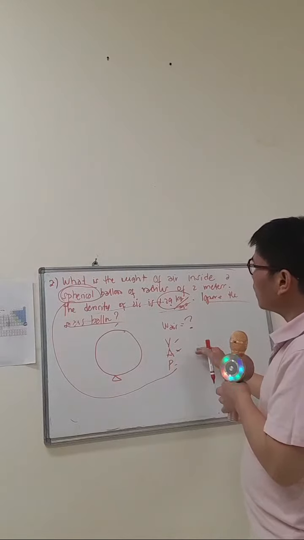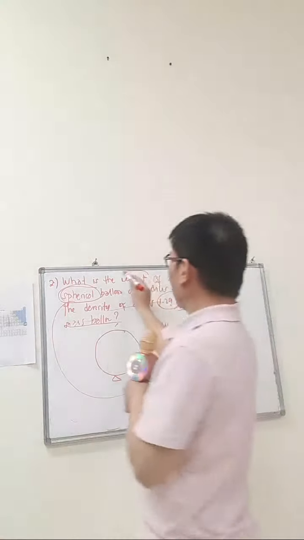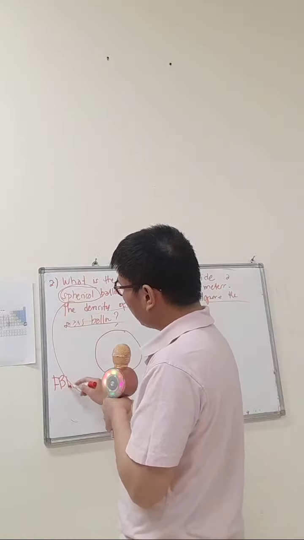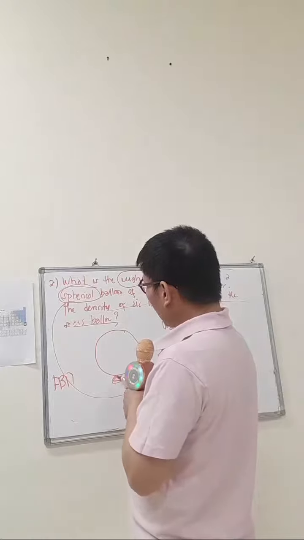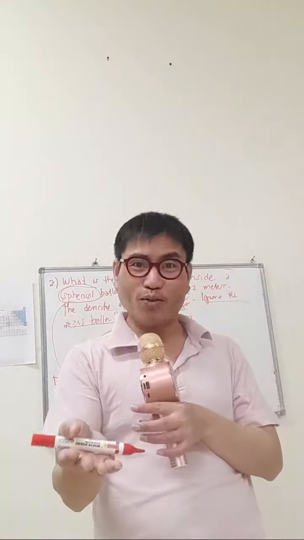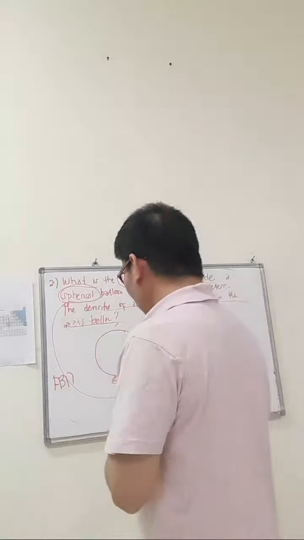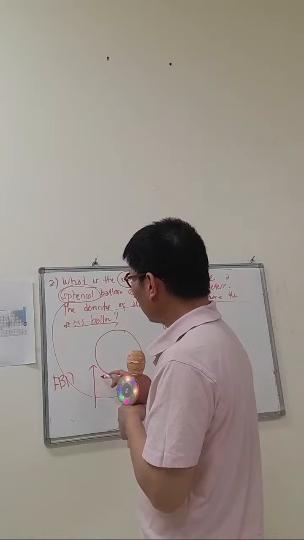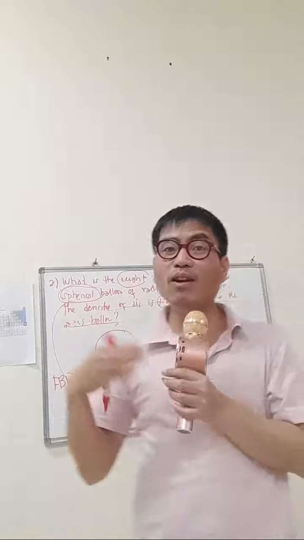Now, since this is weight, we need to have the FBD, the free body diagram. This is the balloon. If you try to release the balloon, it will not go down, obviously. It will go up. So there is a buoyant force by air on the balloon.